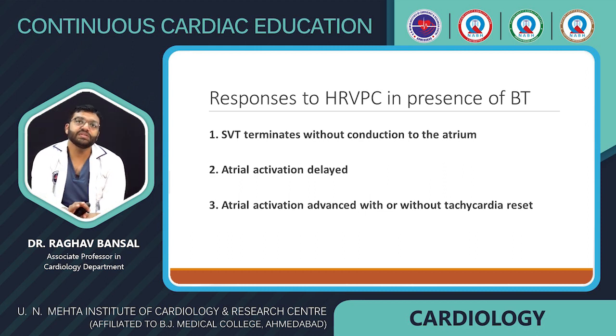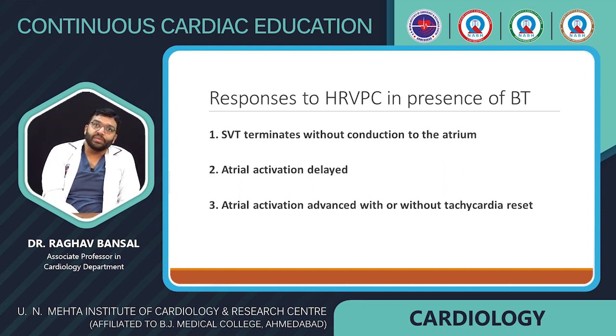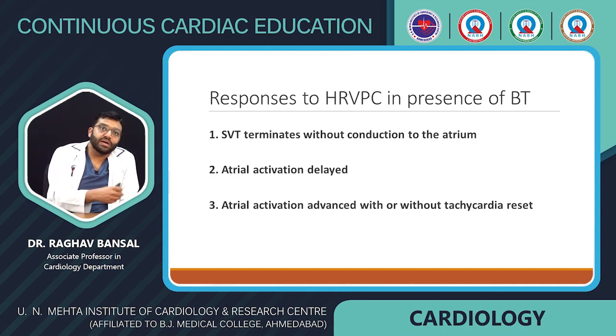So a His refractory PVC can terminate a tachycardia or affect the atrial activation, either enhancing it, making it earlier, or delaying it. Any of these changes in the tachycardia with the His refractory PVC is diagnostic of a bypass tract, and if multiple His refractory PVCs fail to do this, it rules out a bypass tract.